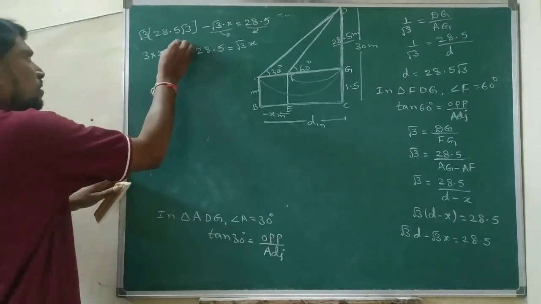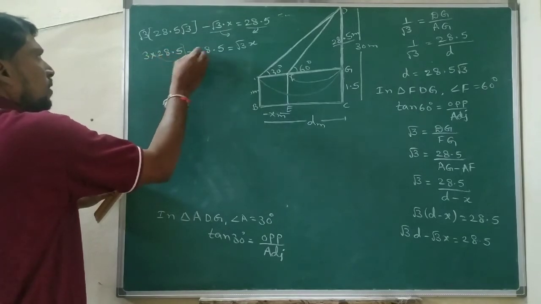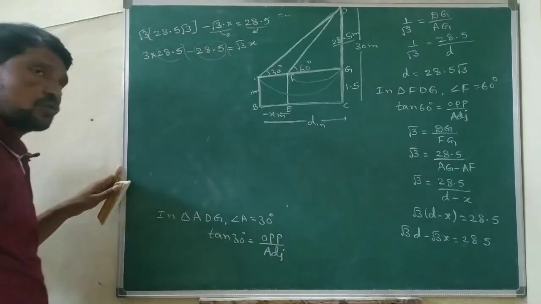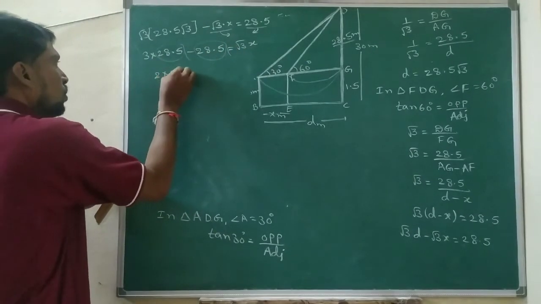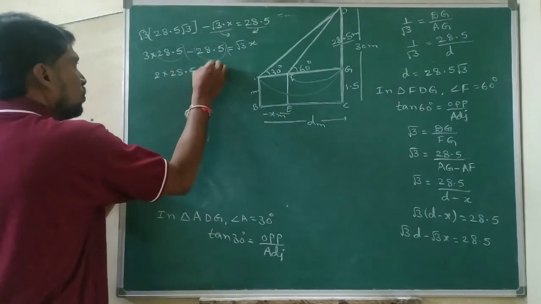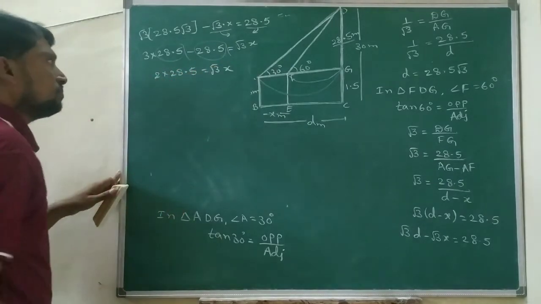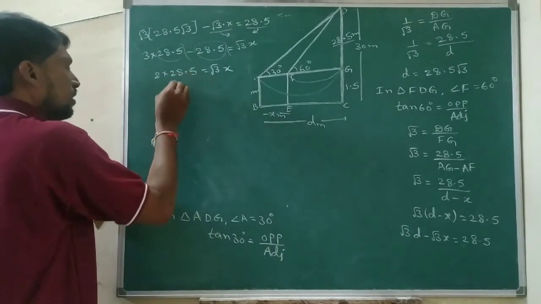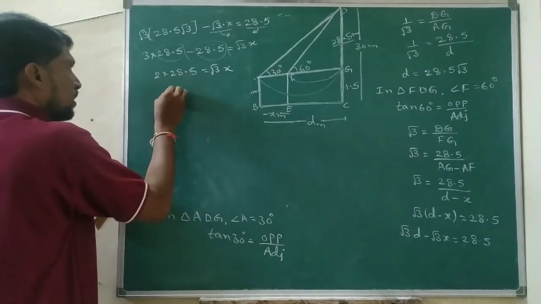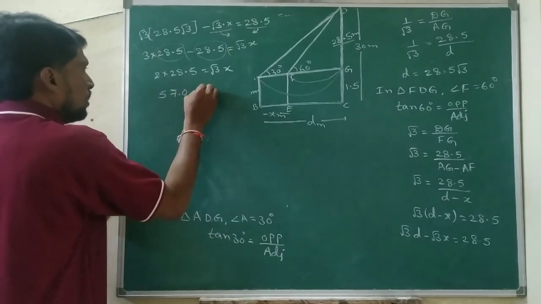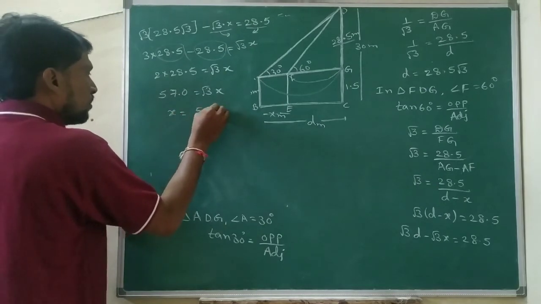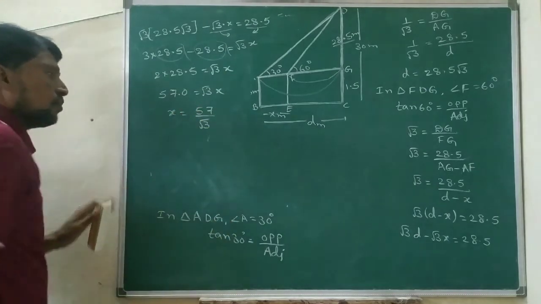Taking 28.5 as a, 3a minus a is 2a, means 2 into 28.5 equals root 3 into X. Now multiplying, 2 into 28.5 is 57, equals root 3X. Now transposing root 3, X equals 57 by root 3.